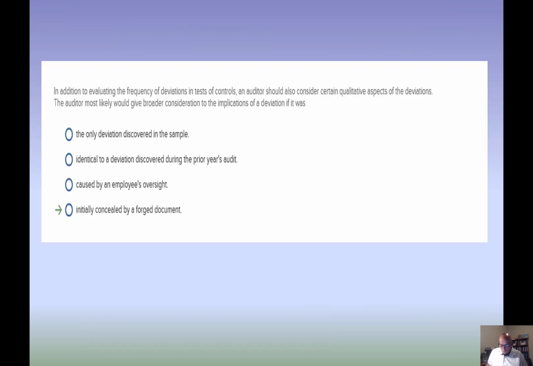Okay, good. Let's take a look at a couple questions then. In addition to evaluating the frequency of deviations in tested controls, the auditor would also consider certain qualitative aspects. Yes, we didn't talk about that as much, but we look at the qualitative aspects as well as just the way the sample turns out.